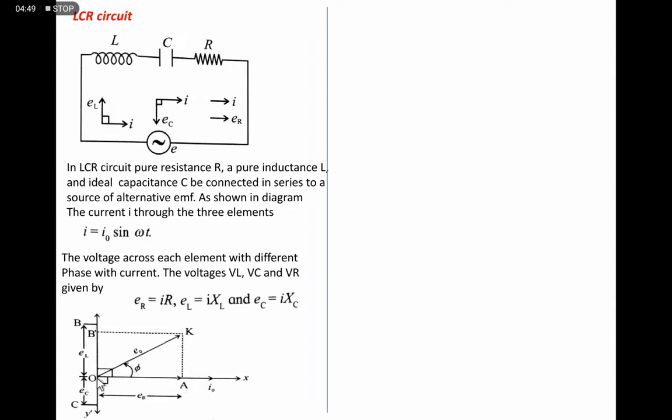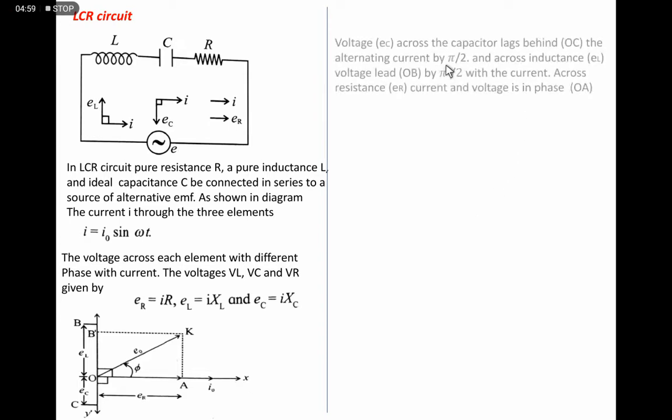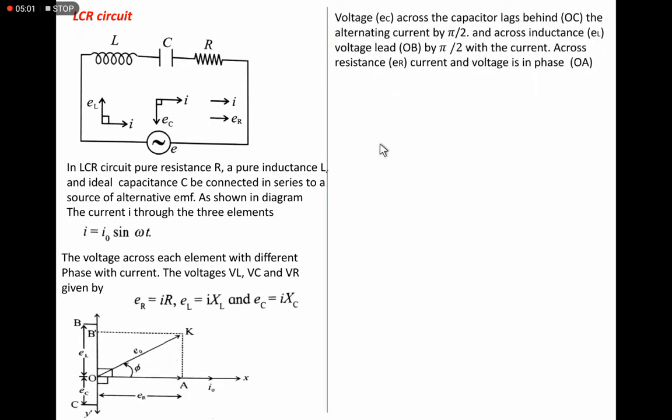Therefore EC, that is the EMF across capacitance, is along this axis, and the current is this. Now this is the description, I explain over here.